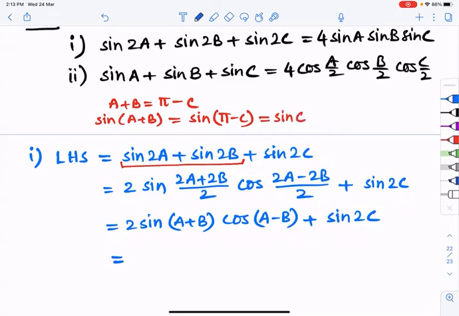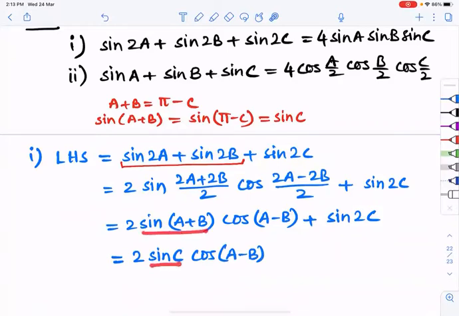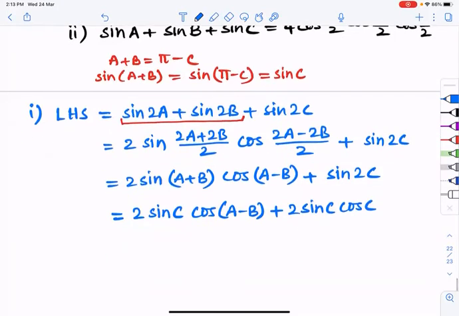That is the idea we are going to use. And by using that, we will get this as 2 sine c and cos a minus b as it is. This term sine a plus b became sine c because of this relation. And sine 2c I can write as 2 sine c cos c. This is the multiple angle formula. How did I get this suddenly from sine a plus b to sine c?